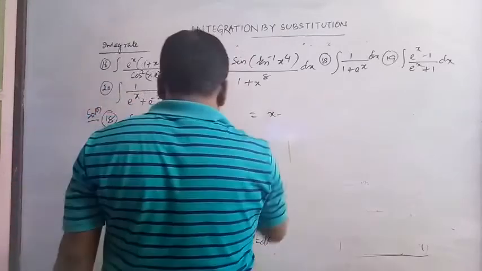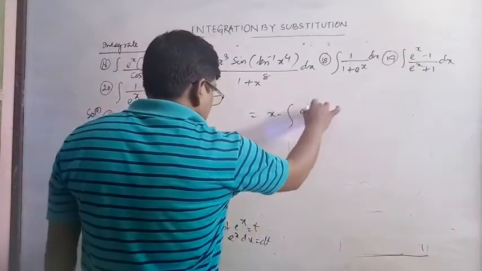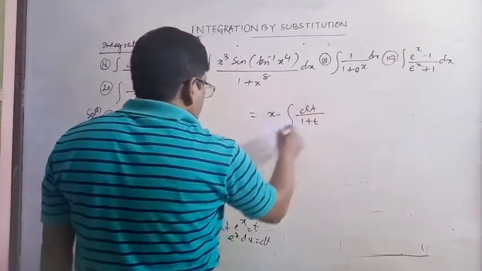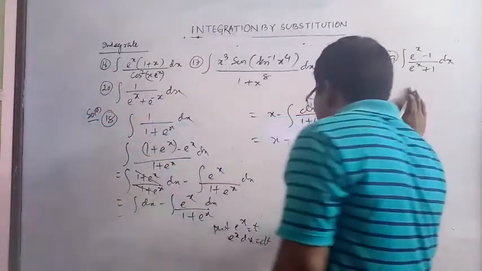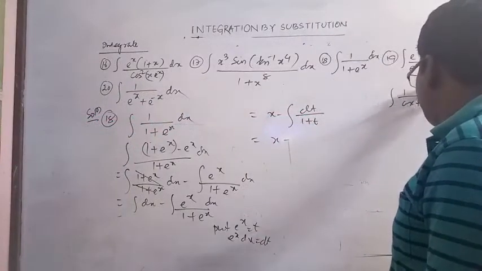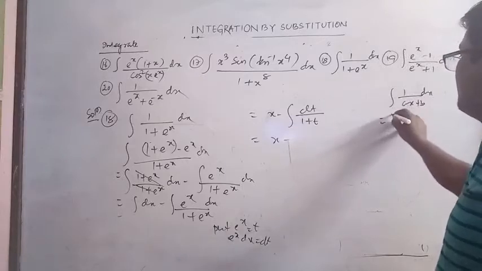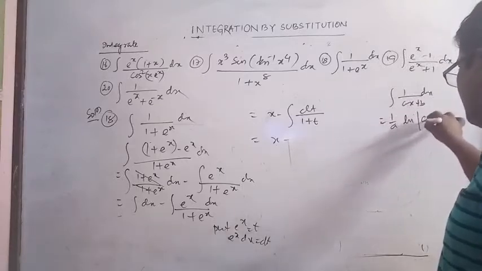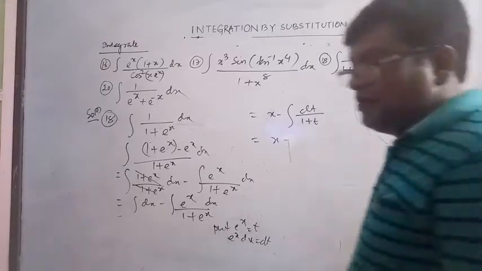So we get x minus integration dt by 1 plus t. What is the integration of 1 by ax plus b dx? This is equal to 1 by a into log of ax plus b plus c. This is the formula.